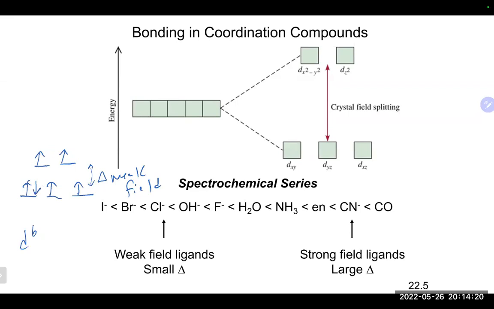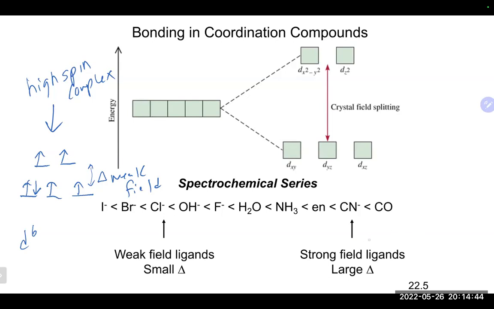The result of this is we get a lot of unpaired electrons here. Paramagnetic, yeah. This is what is sometimes referred to as a high spin complex, because it has a lot of unpaired electrons.